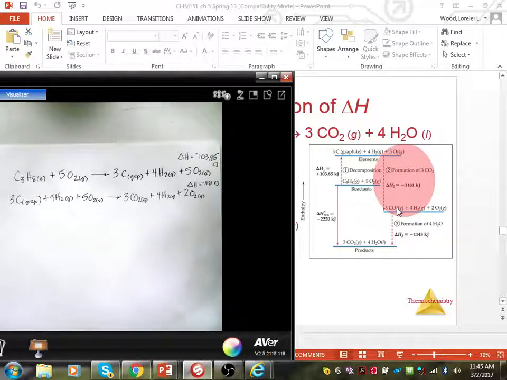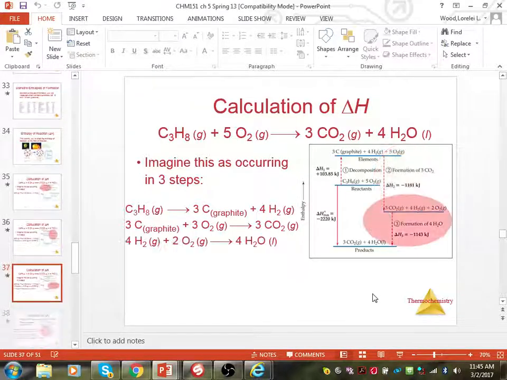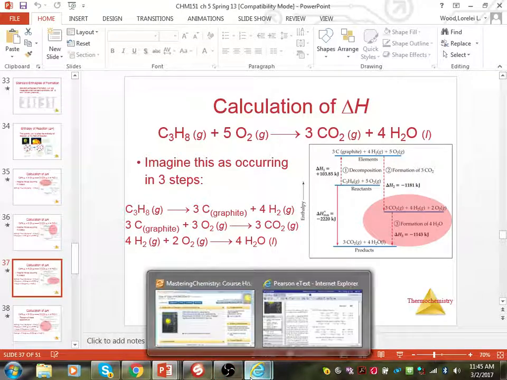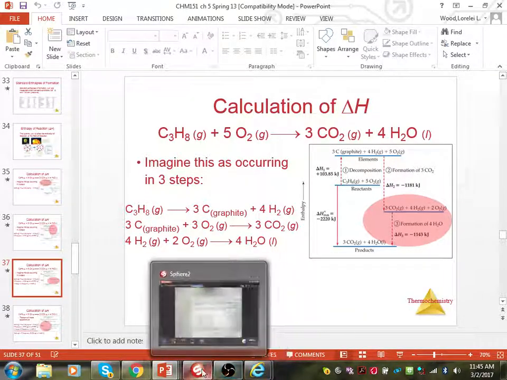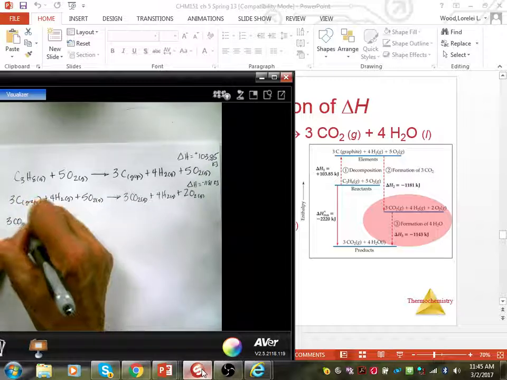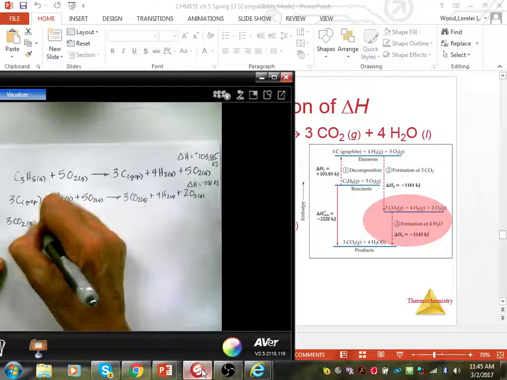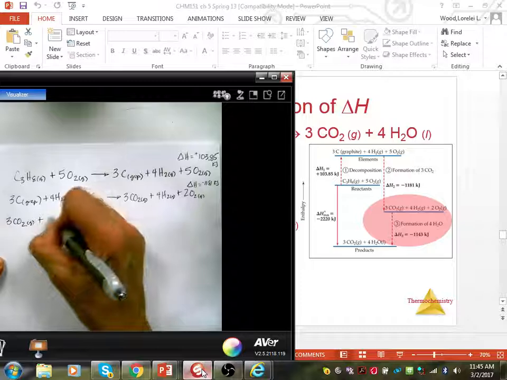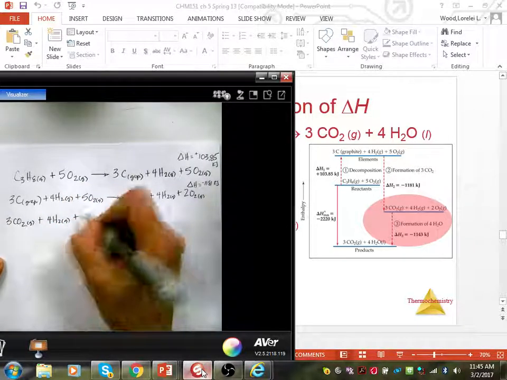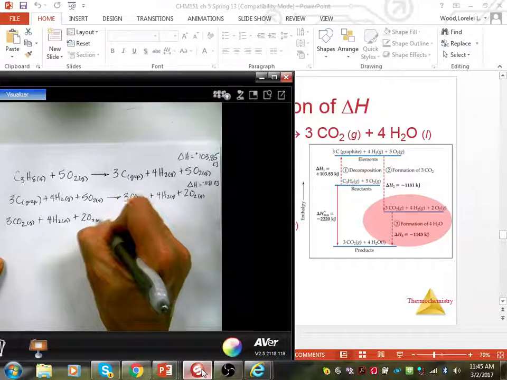All right. We go on to the third step of the reaction. Now it's highlighted a little bit differently in the pink. We can do the same thing. We take the products that we had over here, the 3 CO2, which is now a gas, plus the 4 H2s as a gas, plus the 2 O2s as a gas.